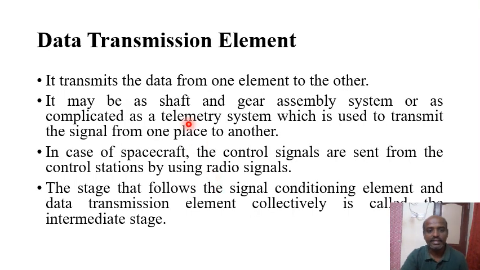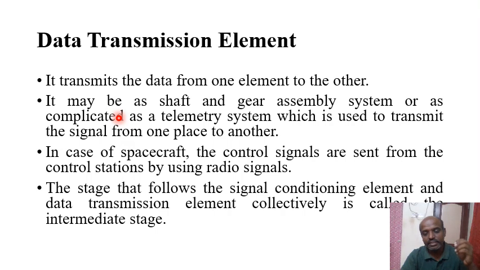The next one is the data transmission element. As the word implies, it transmits data from one element to another. Say I am working in one place, but all the instruments are in some other place.